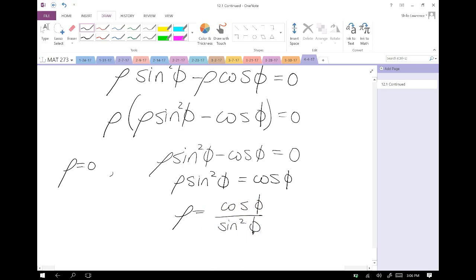And I'm going to rewrite that as two different trig functions: cotangent and cosecant. The rho equals 0 technically is important because cotangent and cosecant are both undefined at 0. So the rho equals 0 is important to fill in that hole.